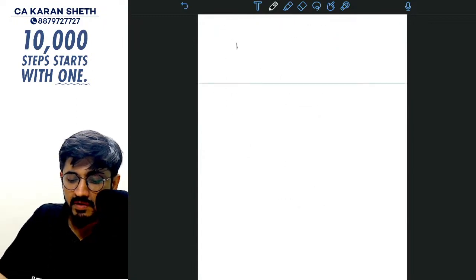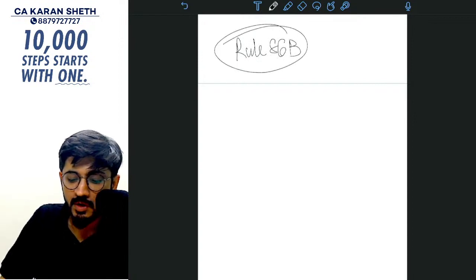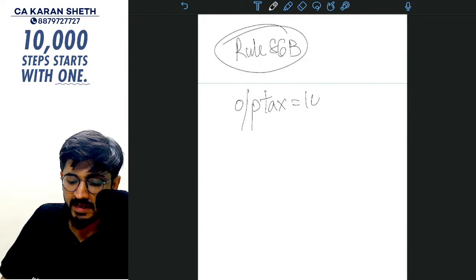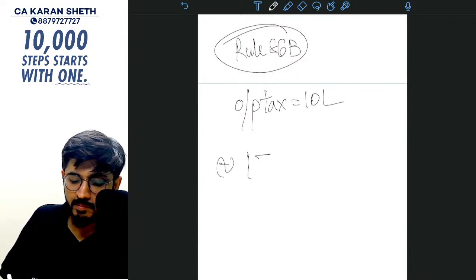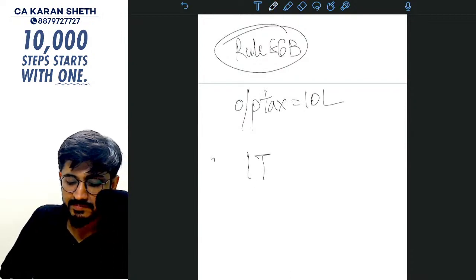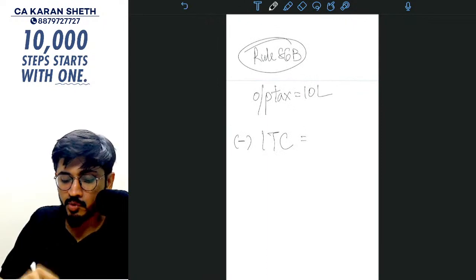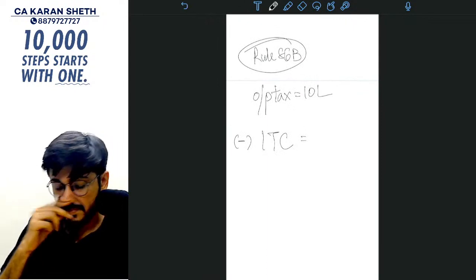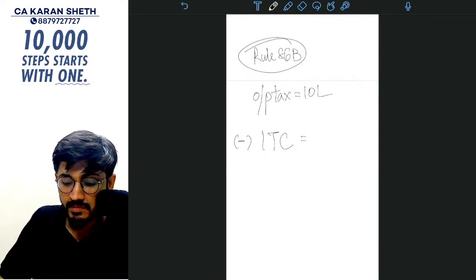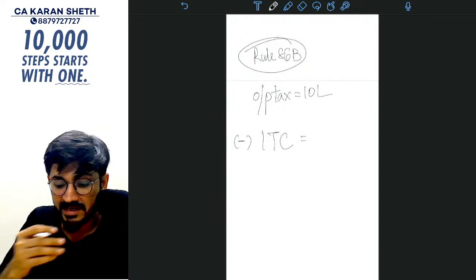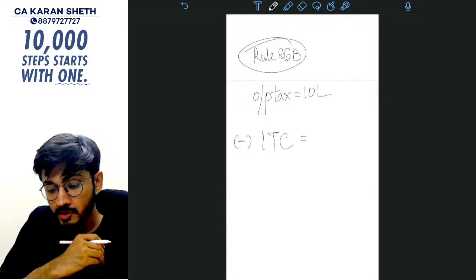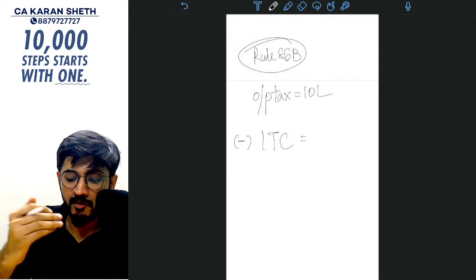But when it comes to rule 86B, this will not happen. So there will be output tax of 10 lakhs. But when it comes to ITC, understand one thing, friends. What government says is that you cannot use the entire ITC to pay off output tax.